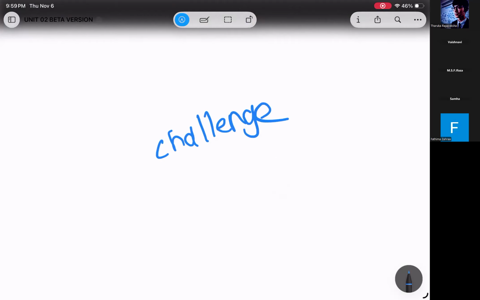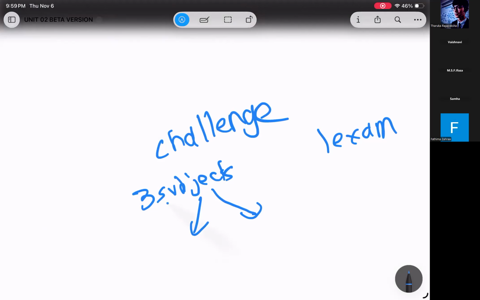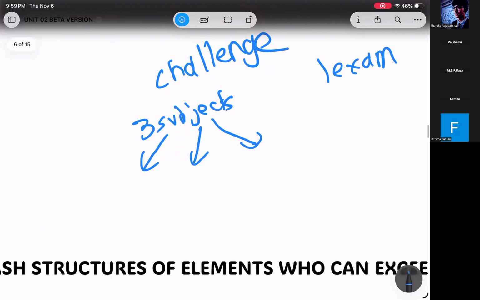The challenge is there are 3 subjects and there's one exam. That's the final exam. Final battle. You just want to score your maximum in these 3 subjects and try to score A. That's your challenge.